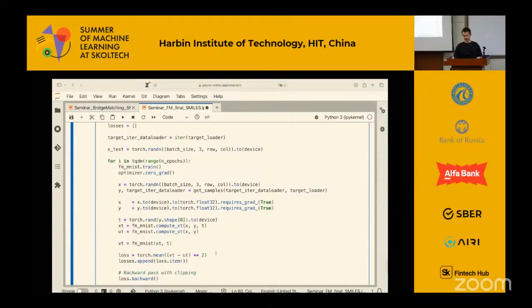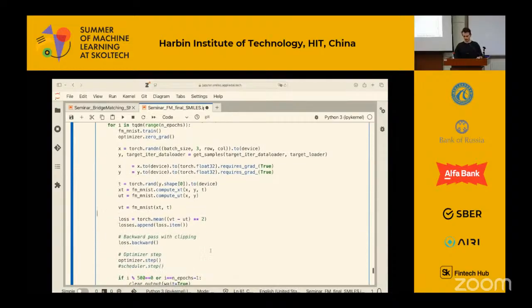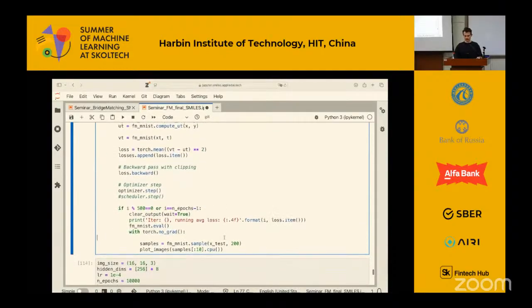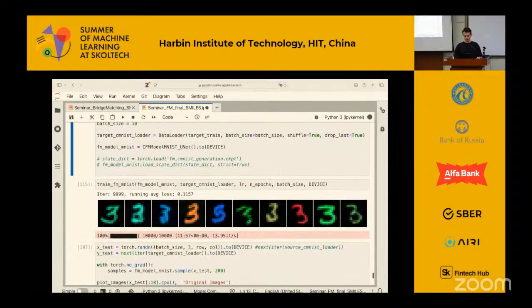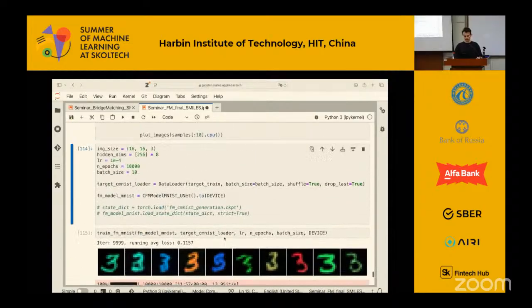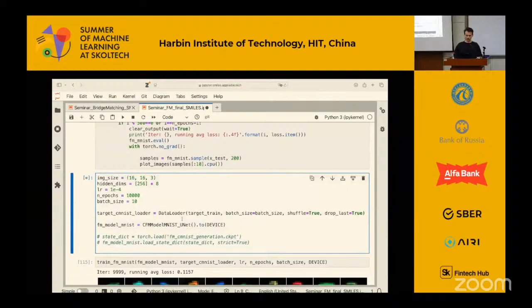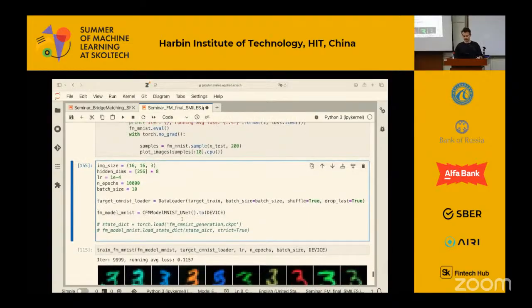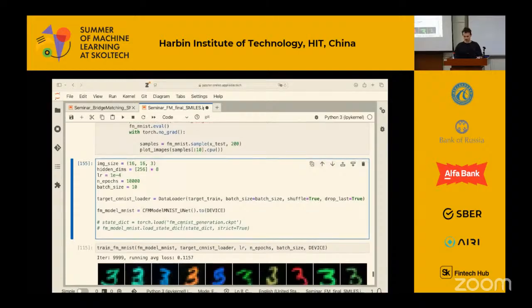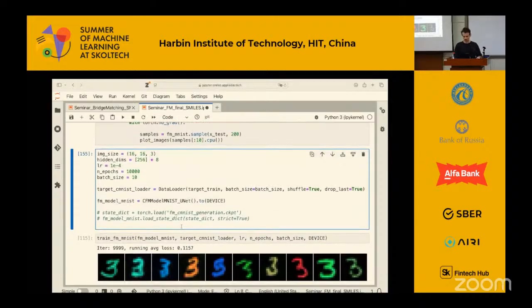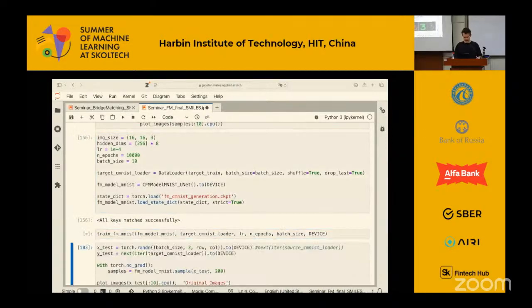Infer your neural network, perform your regression. Everything is great. So we can train the neural network. However, it trains for 7 minutes, so I'll load an already trained one. It's the training function.